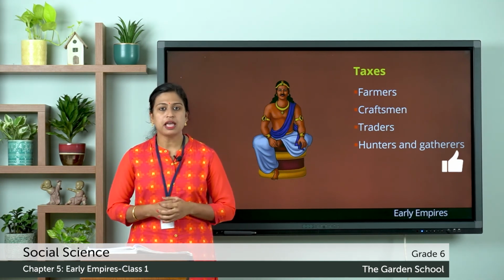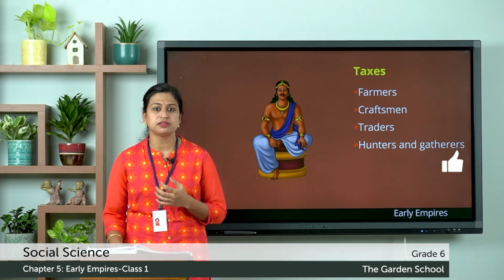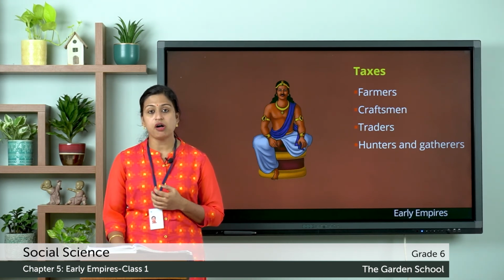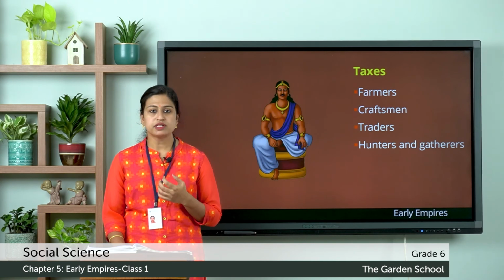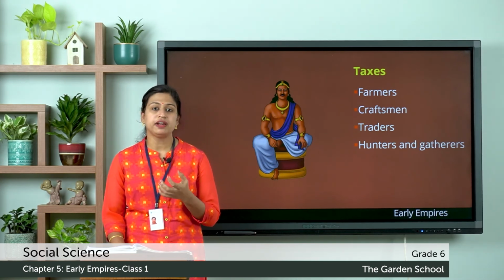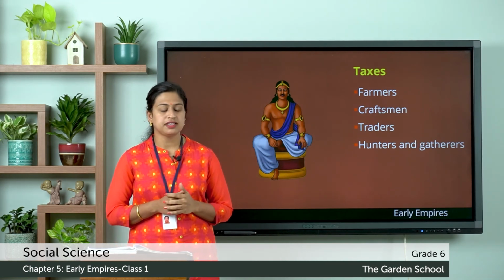And another type of tax was known as Bali, but not much is known about this tax. And sometimes the tax was also collected in the form of labor, which was known as Vishti, and this was like offering free service to the king. So, this was about the taxation.